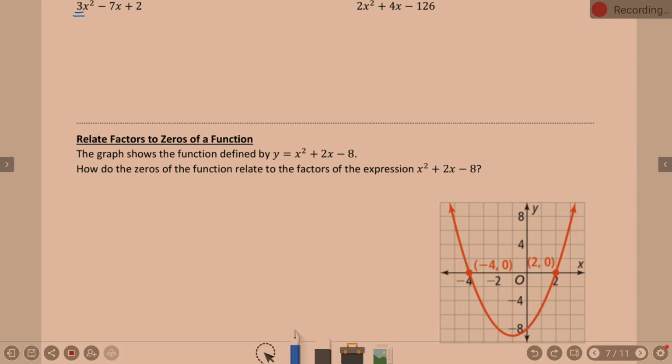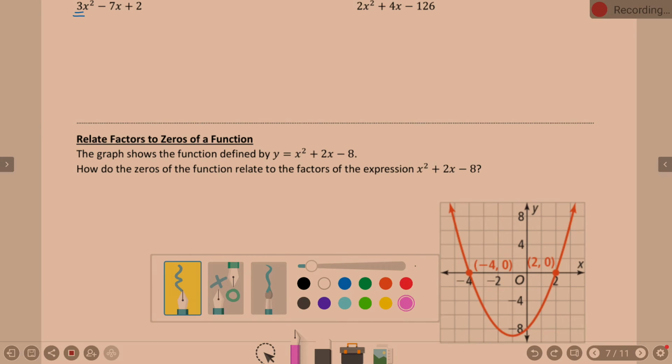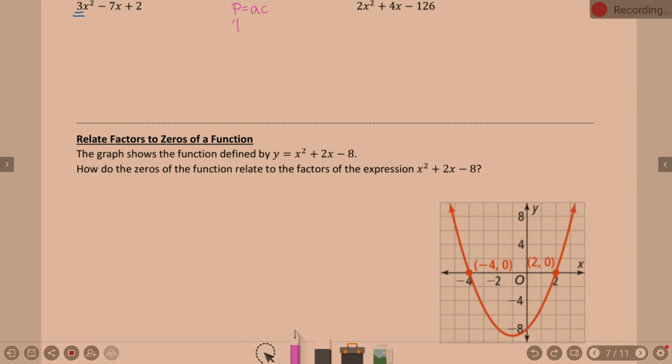We have to go product of AC. Okay. Product of AC. What are A and C? 3 times 2, which is 6. A sum of B. What is B? Negative 7. Okay.